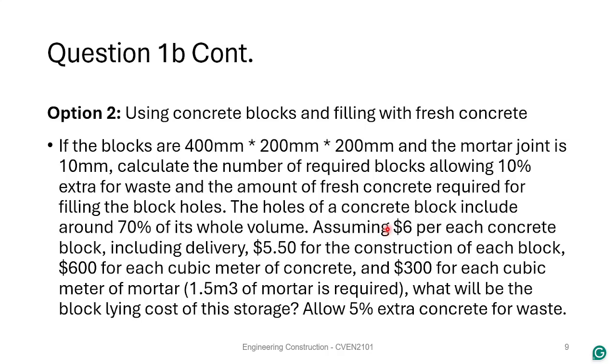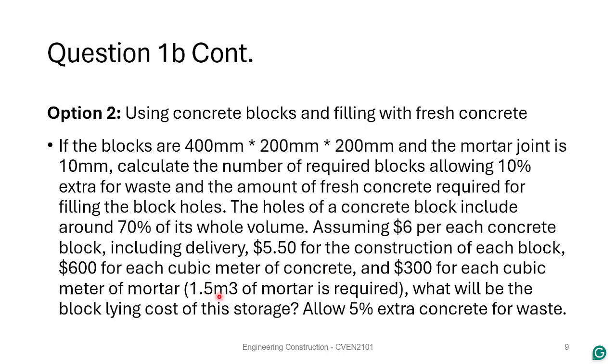The holes of a concrete block include around 70% of its whole volume. So what it's saying is the concrete block has holes in it, and those holes are 70% of the block, essentially, right? So it's $6 per block, including delivery, $550 for the construction of each block, $600 for each cubic meter of concrete, and $300 for each cubic meter of mortar.